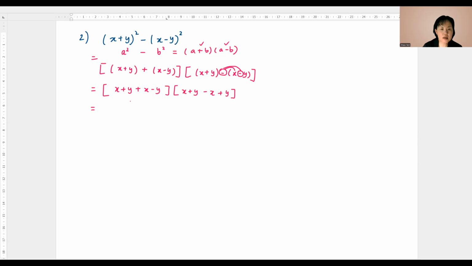So let's tidy this one up. This will go to 0. So I've got 2x left on the first one. And then the second one, I have 2y left. So I'm going to put it together, 4xy. And that's my final answer.